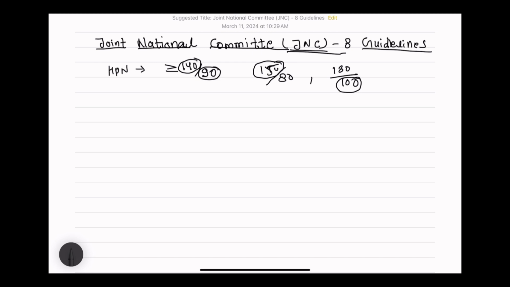Let's discuss in brief how they categorize hypertension. First we have to understand what is normal. Normal blood pressure according to the JNC is systolic less than 120 and diastolic less than 80.